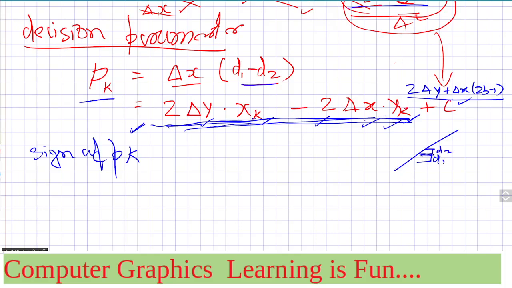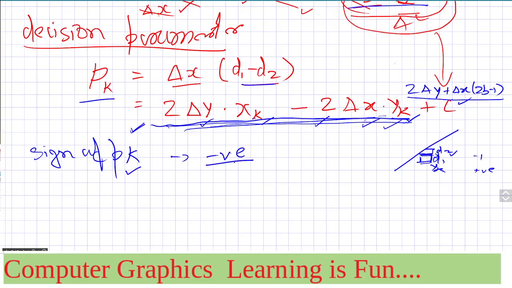If this distance is smaller, then we will get a negative value. If d1 is larger, then we will get a positive value. Keeping this in mind, if yk is closer to y, it means that d1 was less than d2, and since this was the case, the decision parameter pk will be negative.